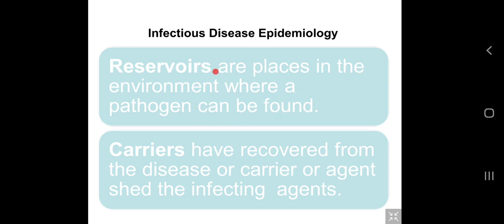Soil can be a reservoir, water can be a reservoir. Dead animals buried in the ground, forming spores like in anthrax, are reservoirs. Carriers are recognized as the ones who carry the disease, or shed the infecting agent, like we do.